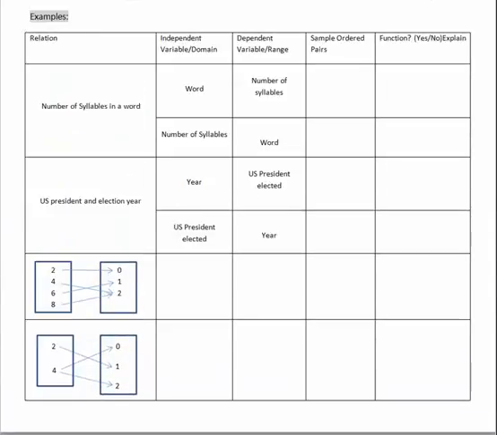If I think about the relationship between a word and the number of syllables it has, I can think of it two different ways. If the independent variable or input is the word, and the output is the number of syllables, for example, I might consider the input variable to be math, which is a one-syllable word, and so the output would be 1.